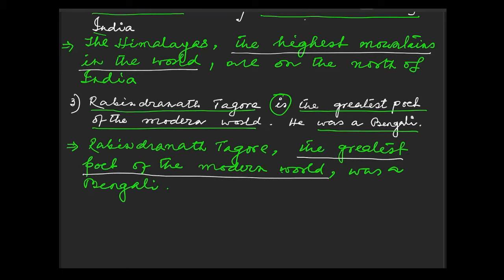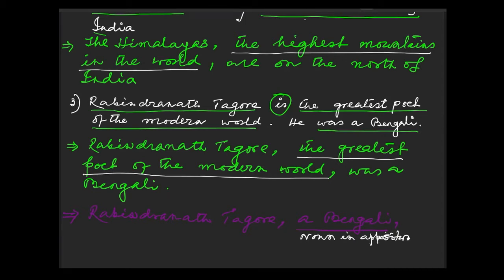This one can be written in another way also. See, Rabindranath Tagore, comma, a Bengali, comma, this is also a noun, so it is called noun in apposition.